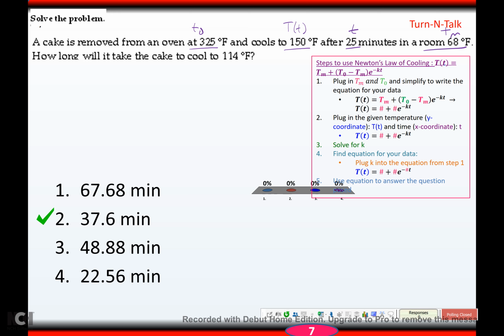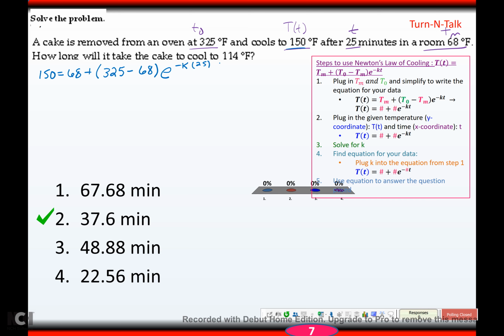So I have my final temperature was 150, and that equals the temperature of my medium, which was 68, plus my initial temperature, 325, minus the temperature of my medium, 68, times e to the negative k, and it took 25 minutes to do that.